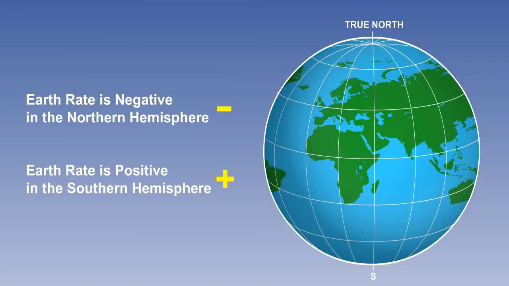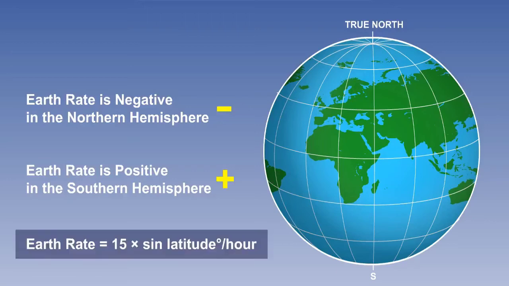In the northern hemisphere, the Earth rate is designated as negative or minus for the purpose of calculations, and it is positive or plus in the southern hemisphere. The formula to note for Earth rate is Earth rate equals 15 degrees times the sine of the latitude, in degrees per hour. Apparent wander due to transport wander will occur at the same time as Earth rate.